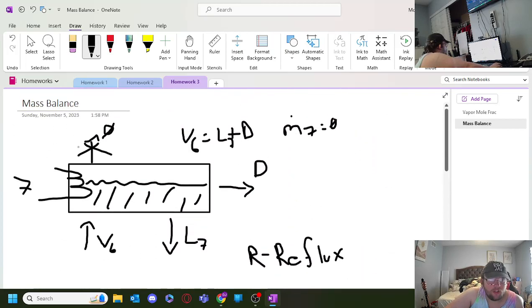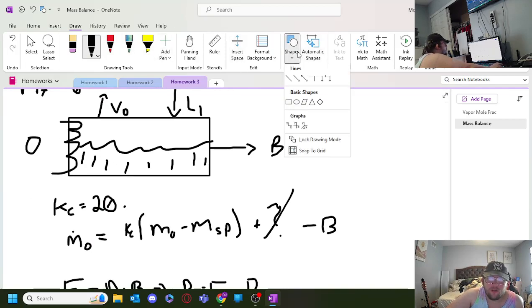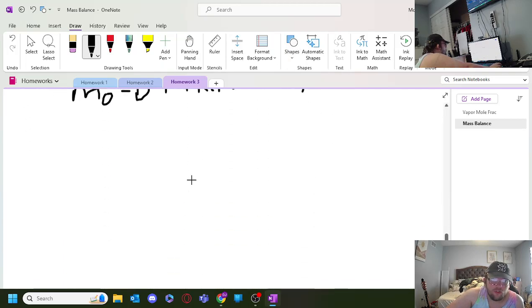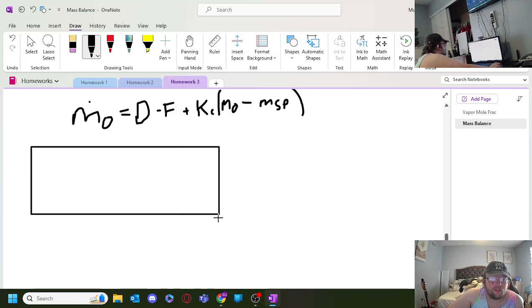So now we got our condenser stage, we got our reboiler stage. Now all that's left is to look at our normal trays.